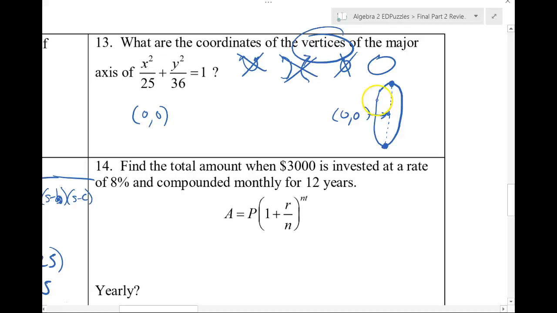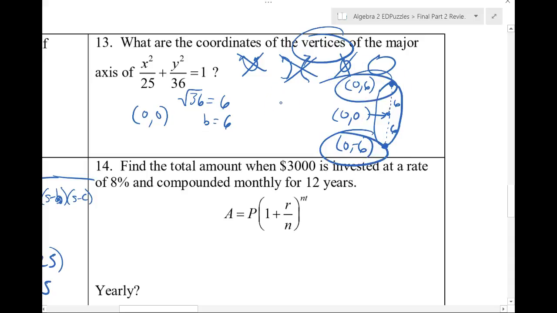And we take the square root of that, 36, and that's 6. So that's actually our b. b is equal to 6. So we go up 6 and down 6. And if we're going up and down, remember that changes the y value. So if I go up 6, that means I'm going to 0, 6. And if I go down 6, that means I'm going to 0, negative 6. Okay, so there are our coordinates for the vertices.